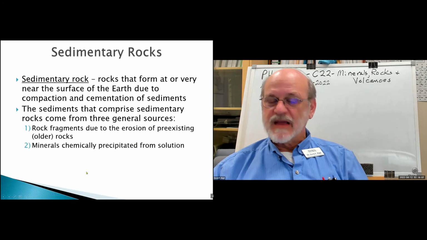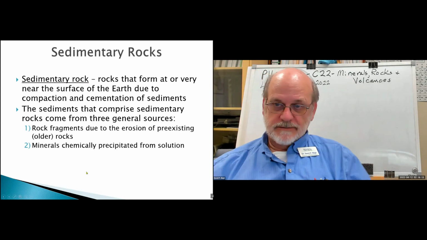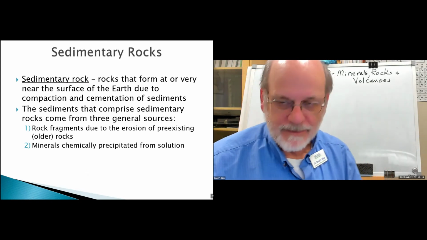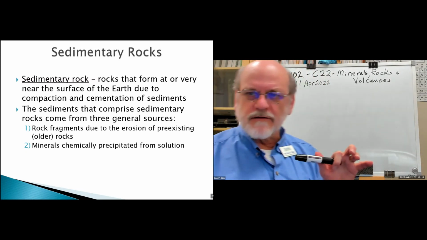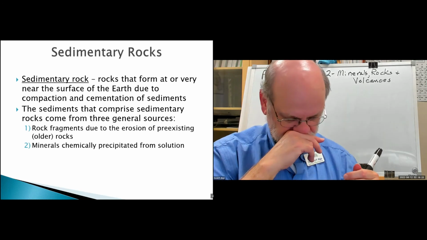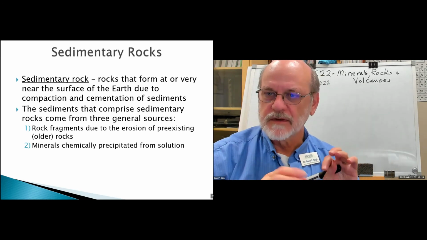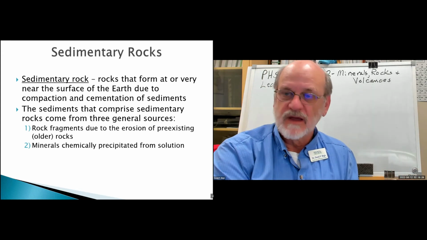Right? You can precipitate chemicals from solution. Right? I think this was covered in the chemical chapters, but if you have a solution of various positive ions and negative ions, right? Cations and anions.